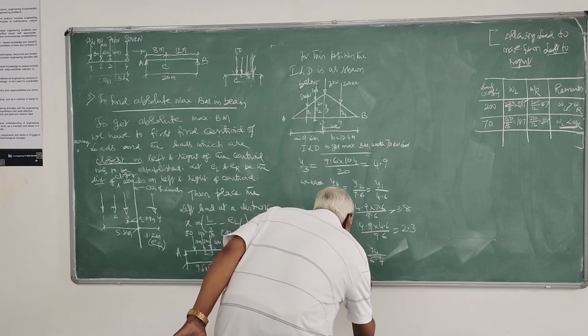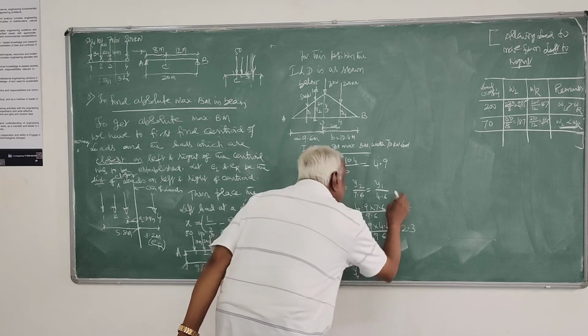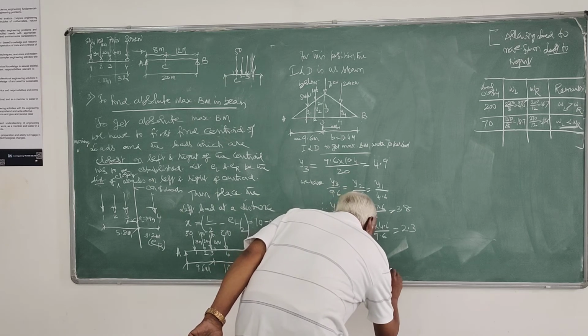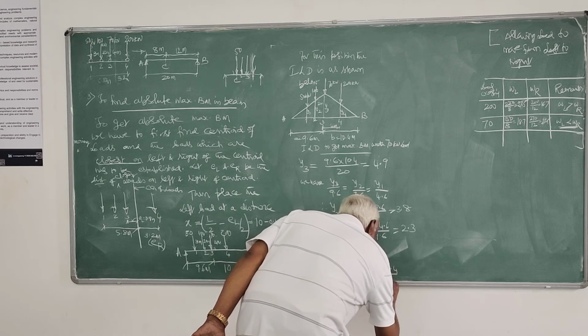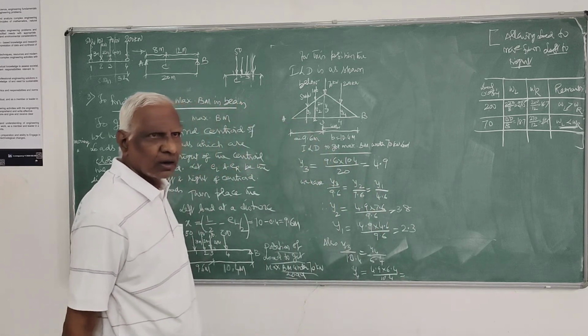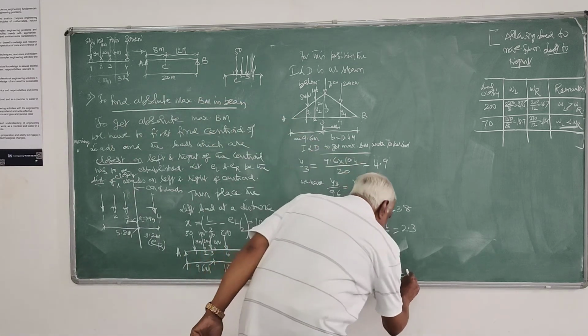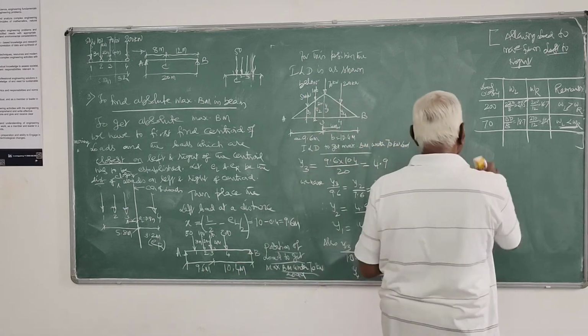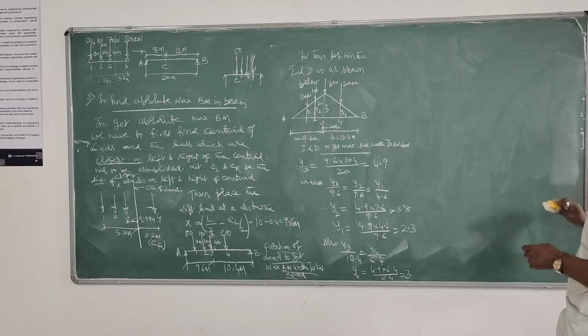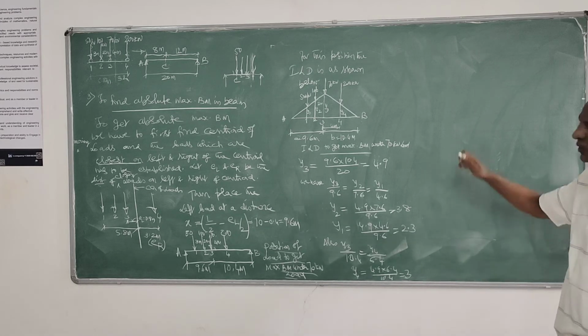Therefore, Y4 is equal to Y3, 4.9, into 6.4 divided by 10.4. So this is 3.01, about 3. Okay. So hence, we can work out the absolute maximum bending moment for the first load.